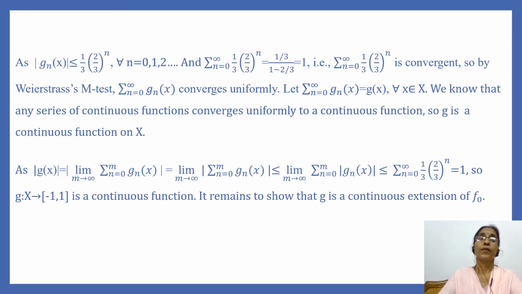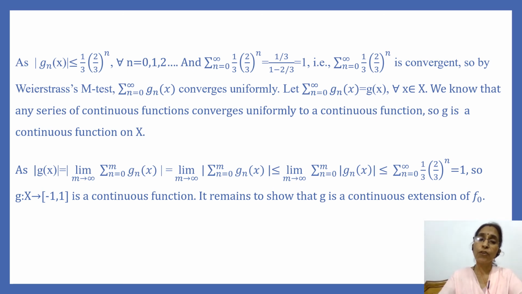As |g_n(x)| is less than or equal to (1/3)(2/3)^n for every n = 0, 1, 2, 3, and the series on the right hand side, that is the summation of n = 0 to infinity of (1/3)(2/3)^n, has sum 1, that is this series is convergent.